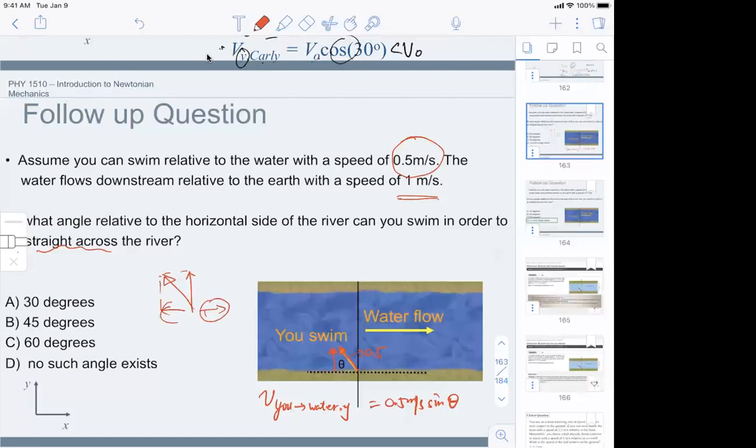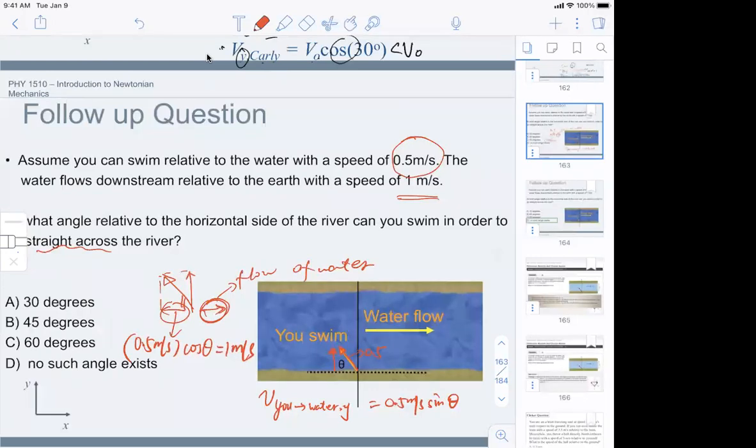So to be completely canceling the flow, this is the flow of the water, you need your x component to be equal and opposite to the flow. Whatever the water is flowing, you swim across against it. So this is the cosine theta. So 0.5 times cosine of theta has to equal the flow of the water.